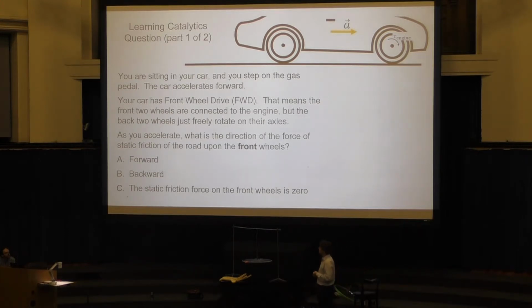And I've drawn it there, torque engine, and the little lowercase tau is your Greek letter. So there's a force of static friction from the road on your front tires. Which direction is it? Forwards, same direction the car is accelerating, or backwards?